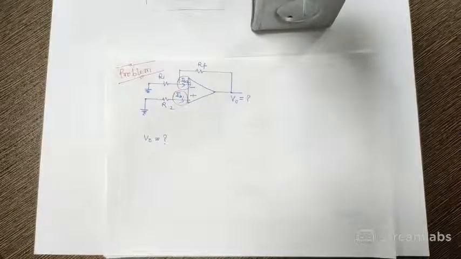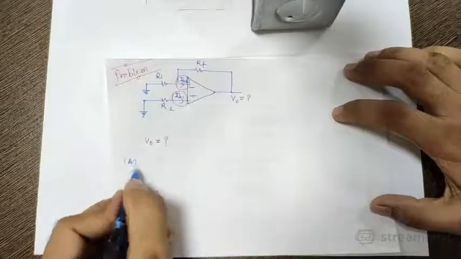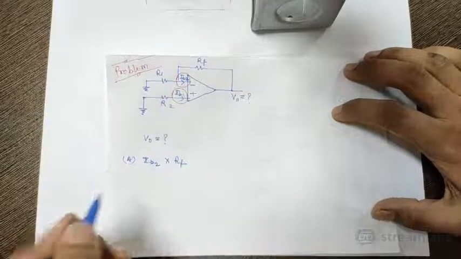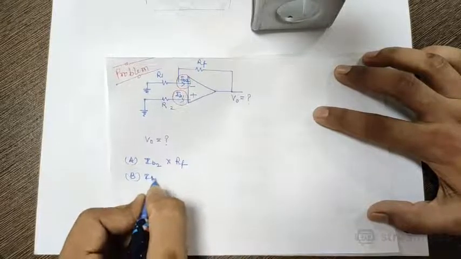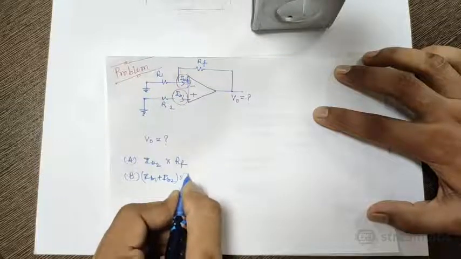I got answers. One answer from Soumya. This is IB2 into RF. The other option can be IB1 plus IB2 into RF.